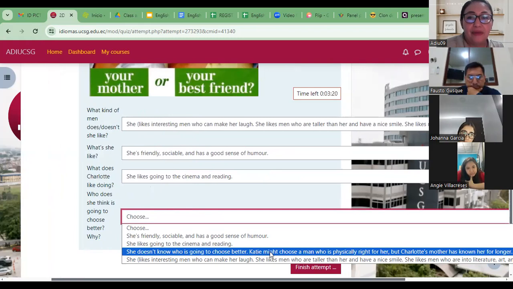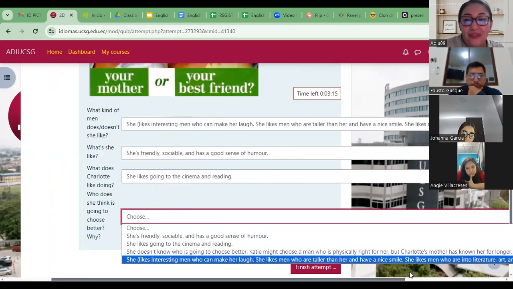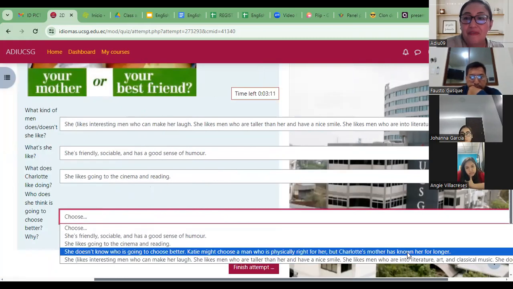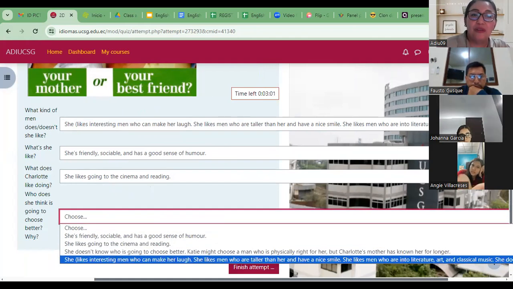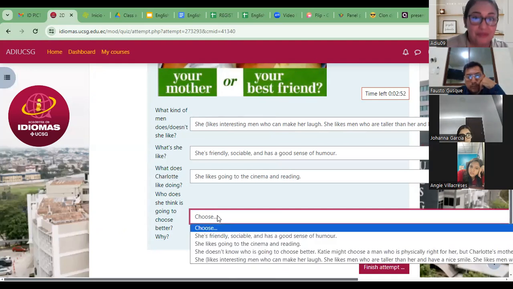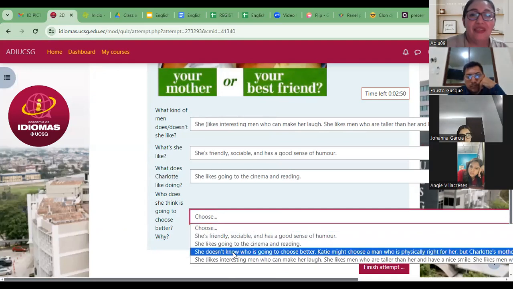Katie might choose a man who's physically right for her, but Charlotte's mother knows her better, right? Knows her better for longer. So maybe her best friend might try to choose a guy that she's physically attracted to, but maybe her mother will try to choose someone who's going to be a better match according to her personality because she knows her since she was born, right? She knows her very well.